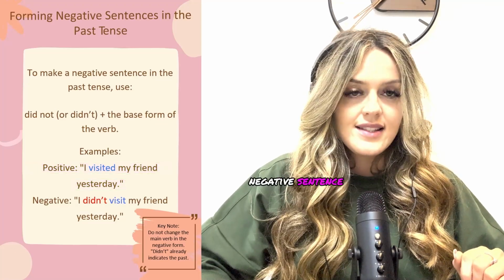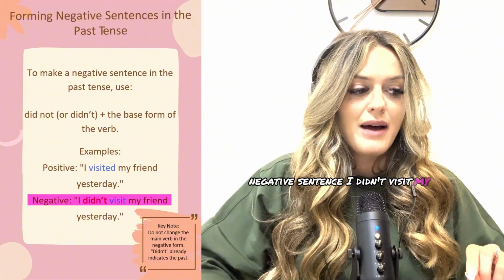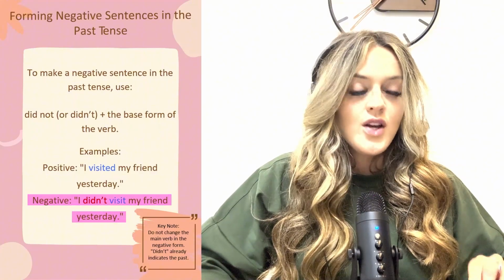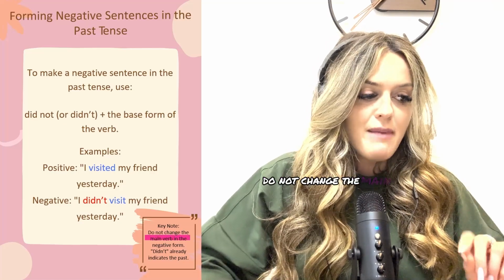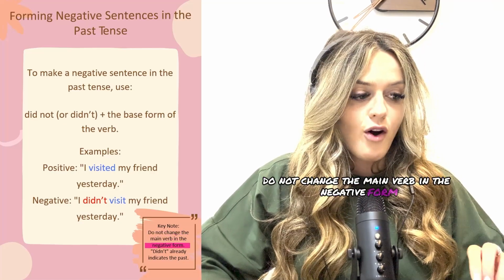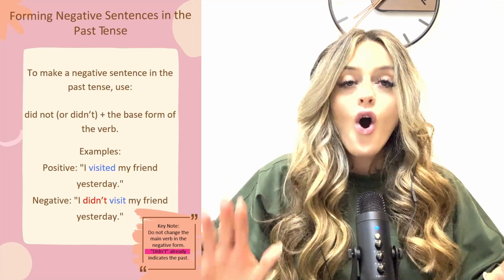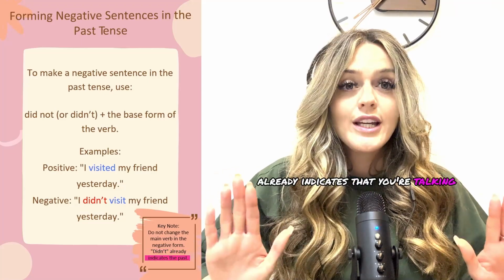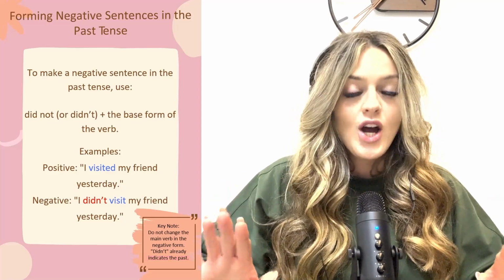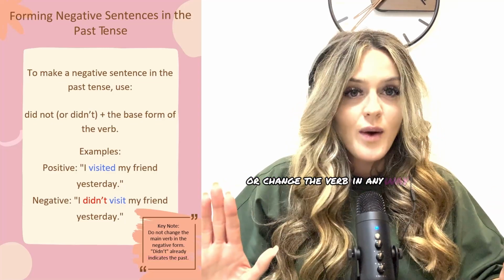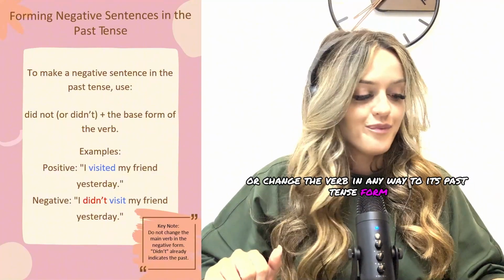Negative sentence, I didn't visit my friend yesterday. So a top tip for learning English here, do not change the main verb in the negative form. Didn't already indicates that you're talking about the past, so you don't need to add the ed or change the verb in any way to its past tense form.